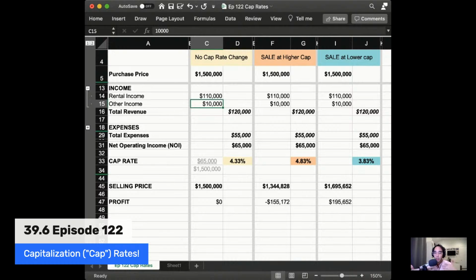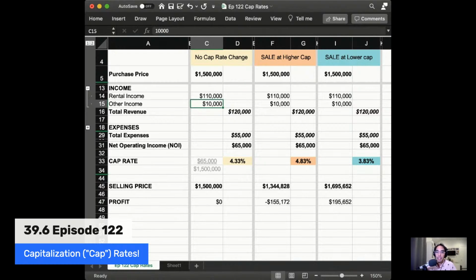The higher the percentage, the higher risk of an investment it might be. Like if you're buying a 10% cap rate property, well, how come people are not buying it? Why would the price be so cheap, right? Remember, this is a relatively efficient marketplace when you're buying big multifamily assets. There's a lot of institutional buyers and a lot of just buyers with a lot of money.